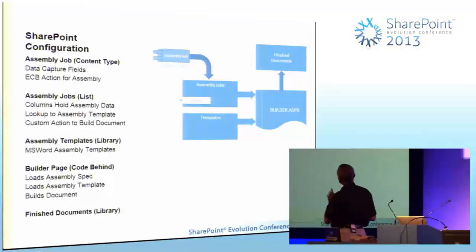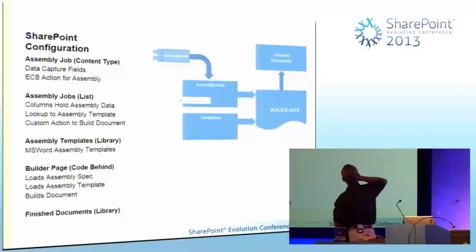One way you could configure SharePoint is to put those templates in a document library, have an assembly job list with a lookup on the template, and then have a content type that defines your assembly job and put that builder code in a builder ASPX code behind so that you could easily upload the template and create a new assembly job.